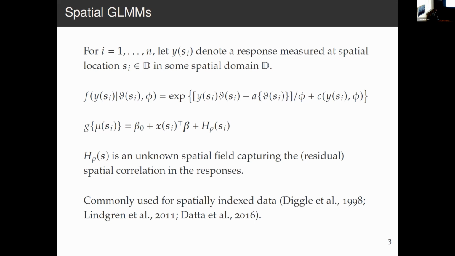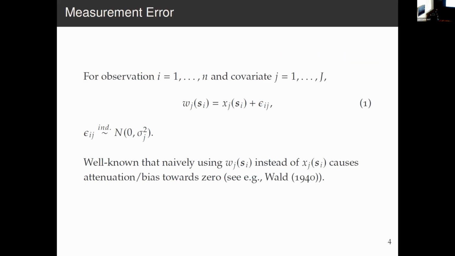Now moving on to the second part of the problem that we consider, which is the measurement error part. We also have this model that we investigate, and we assume that this model is correct.